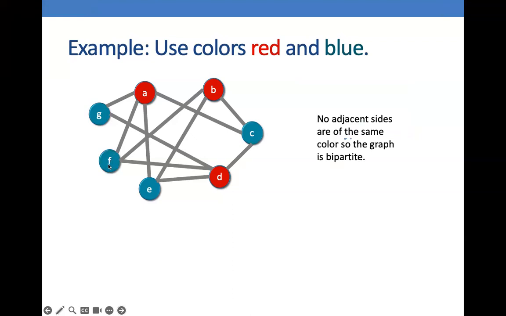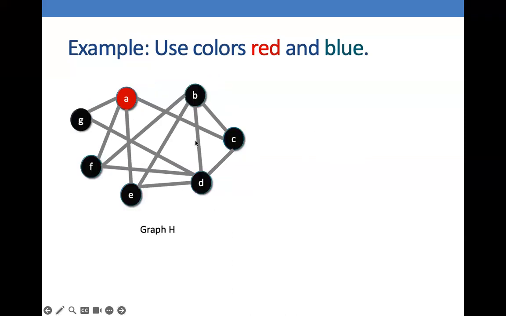So we color F as blue. If we check the adjacent vertices of F, they are A, B, and D. And we can see that they are all of a different color from F. So no adjacent vertices are of the same color. So we can then say that this graph is bipartite.